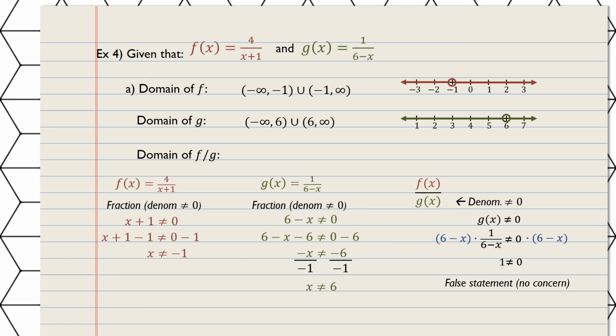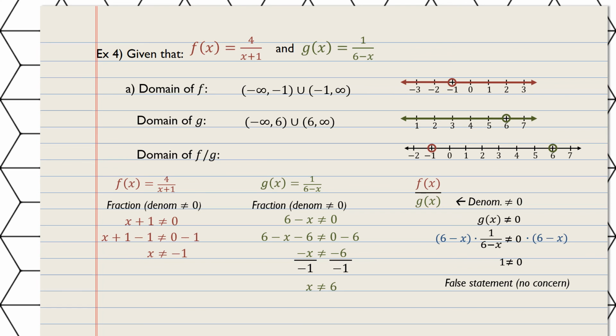So it just means we look at the intersection of the two number lines. So notice the first number line, we had a hole at what value? Negative 1, which means we're also going to have a hole on our domain intersection. The second graph has a hole at what value? 6, which means our graph will also have a hole at 6. But all the other values work for the first number line and the second number line.